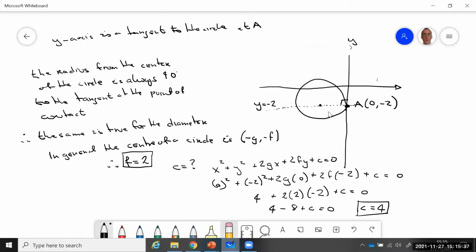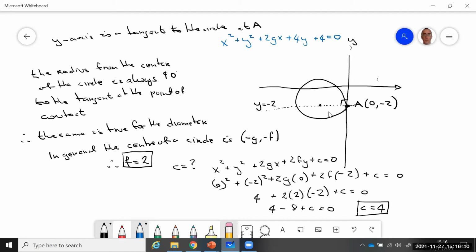What I'll do is write down what we have gleaned for the equation so far, just so as we keep track of it. So it's 2gx plus 4y, let's see, which I said was 4, equals 0.